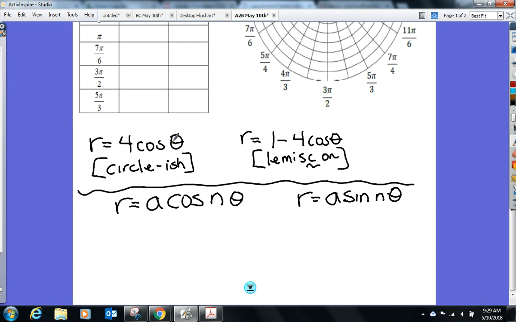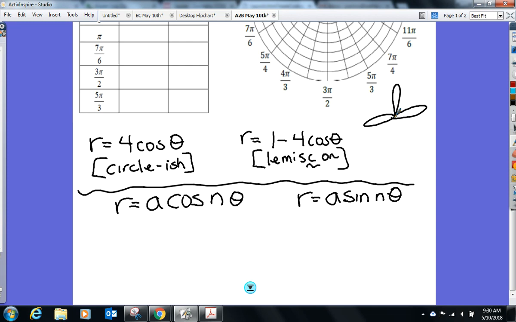I'm actually going to put a number right in between now, and that's not going to be a circle anymore. What it's going to form is called a rose curve, meaning it's got petals. We're going to start doing things that look like this.